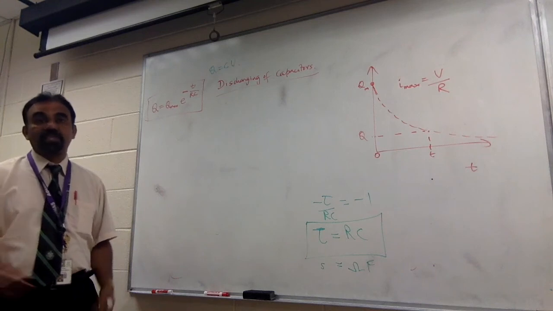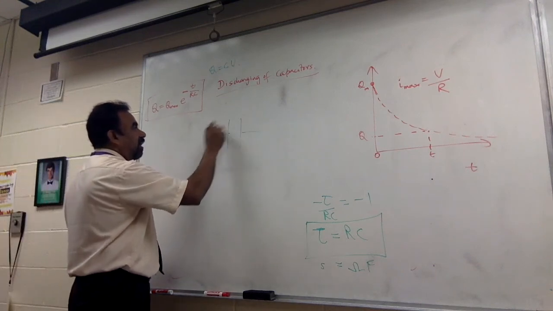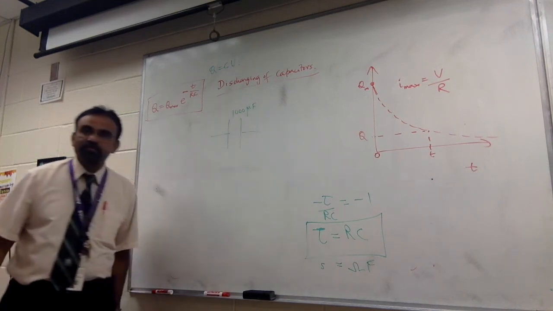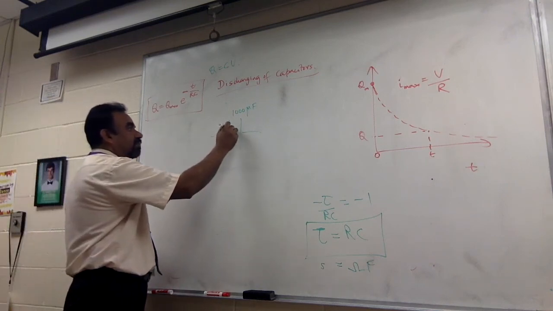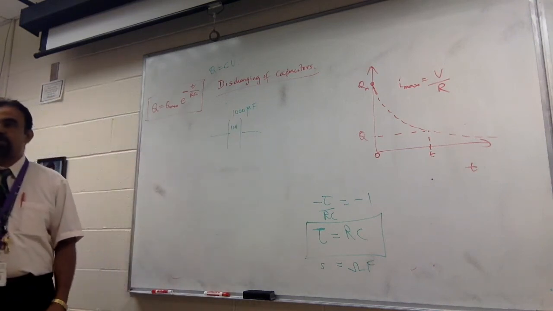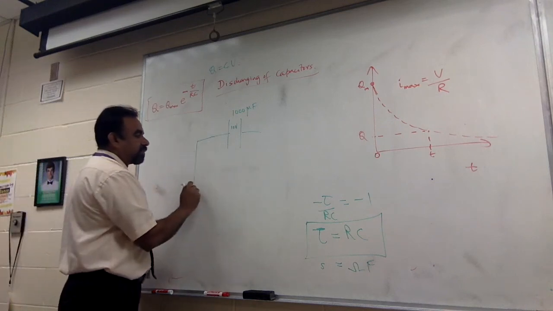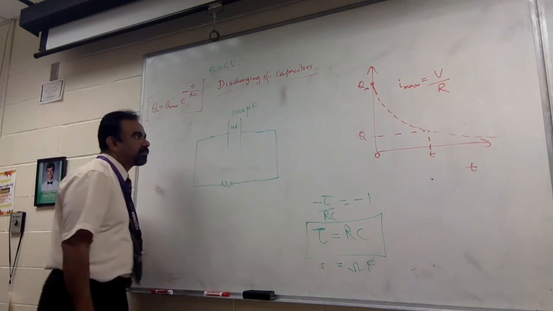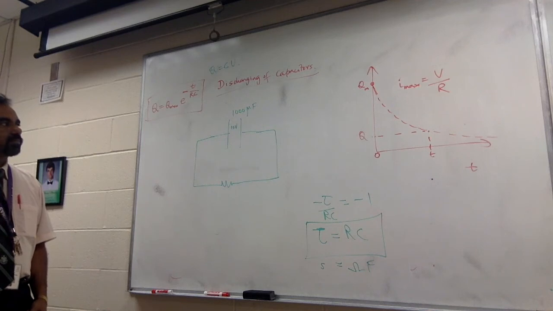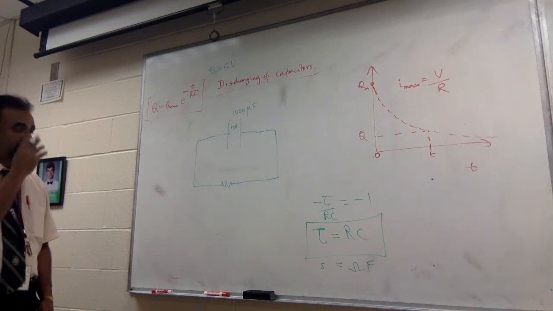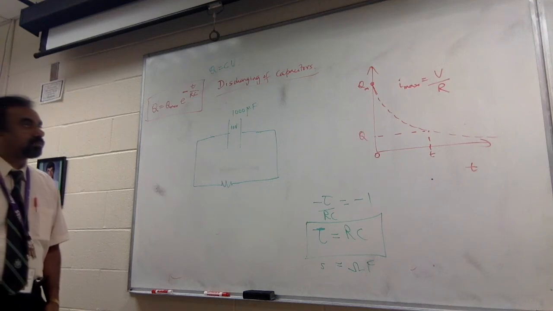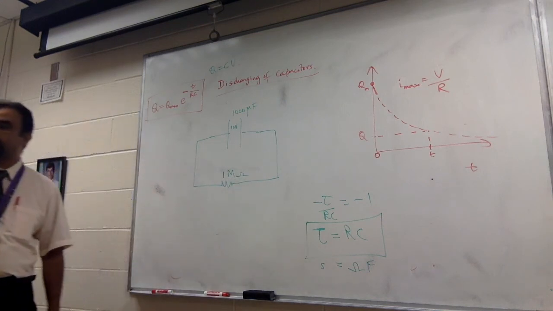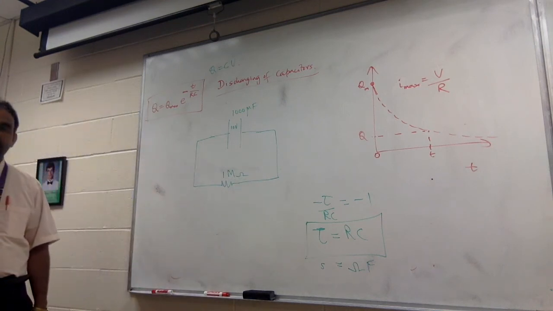It is R times C. So for example, if I have a 1000 microfarad capacitor and I charge it fully, let's say to 10 volts, and then I connect to it a resistor of 1 mega ohm.